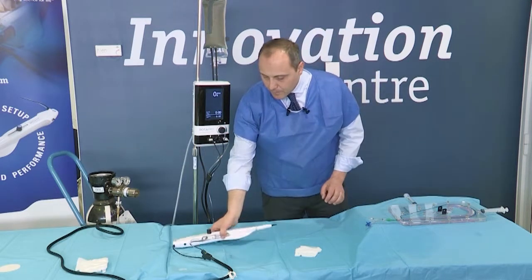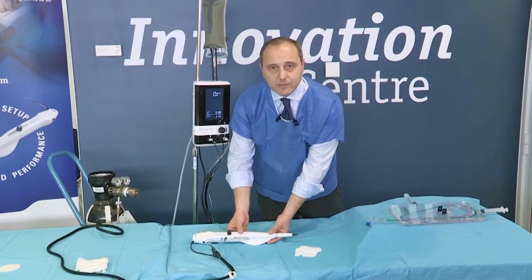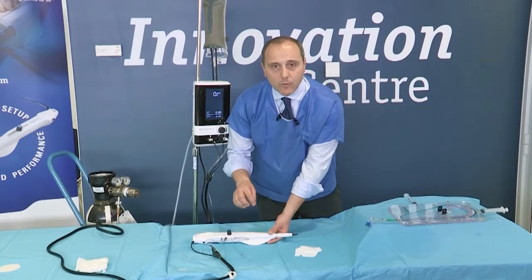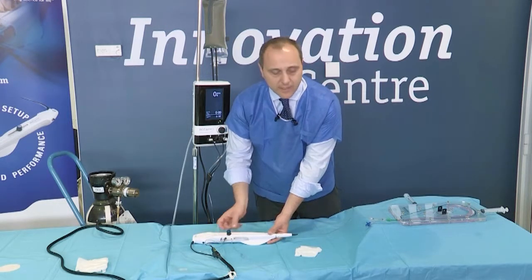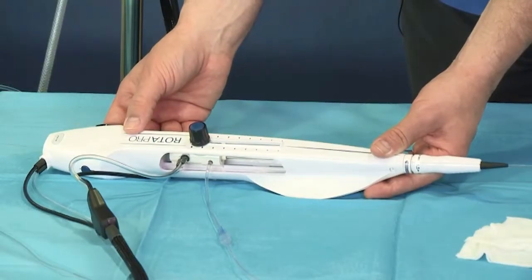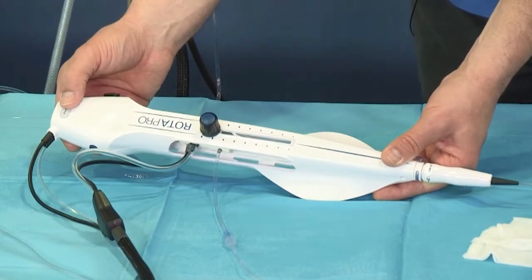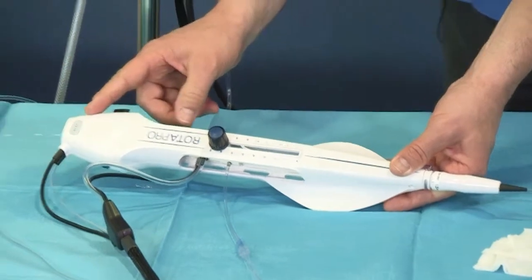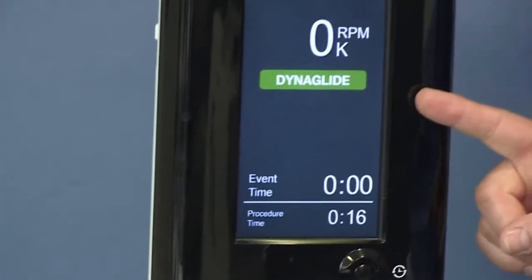So let's release a bit the tension that we are accumulating while pushing up the bar on the wire within the coronary artery. The thing that we have to remember is to push on this button. On the console, it will be highlighted that we are in Dynaglide mode.